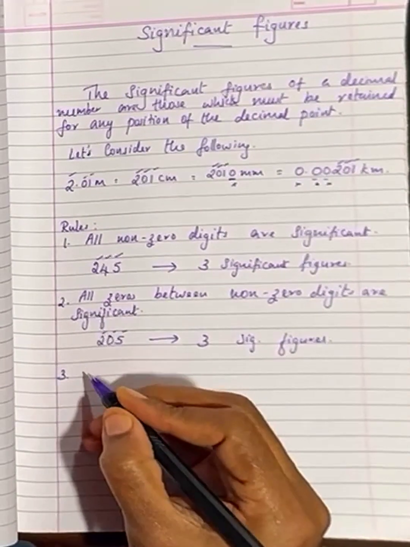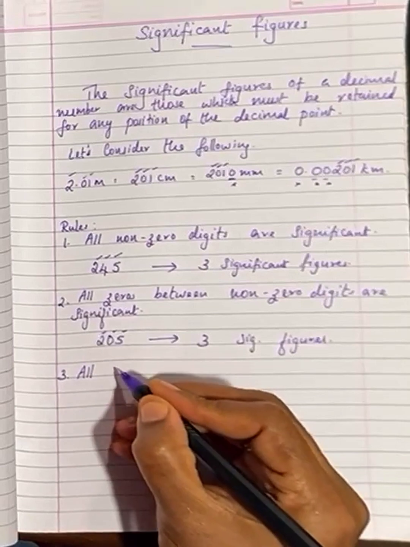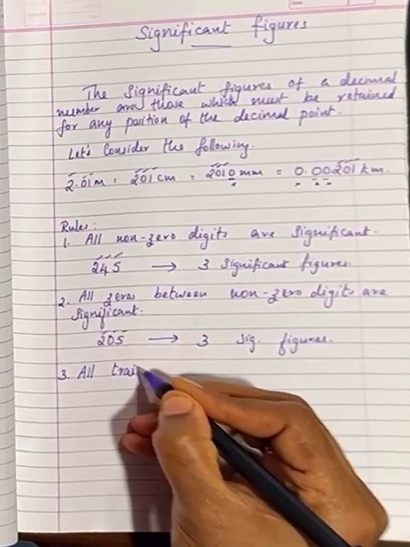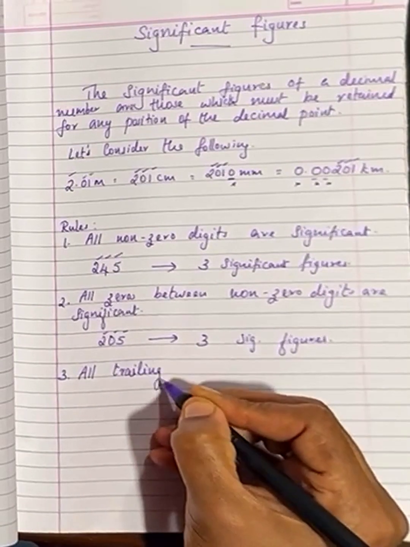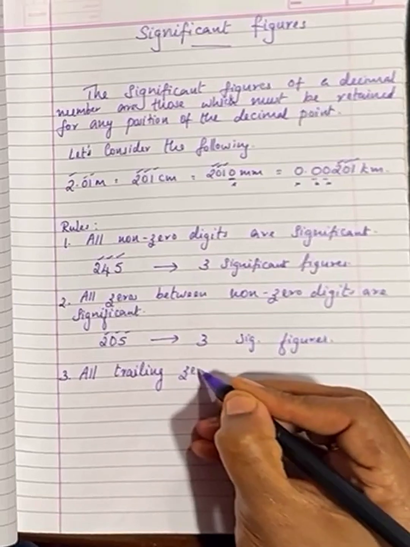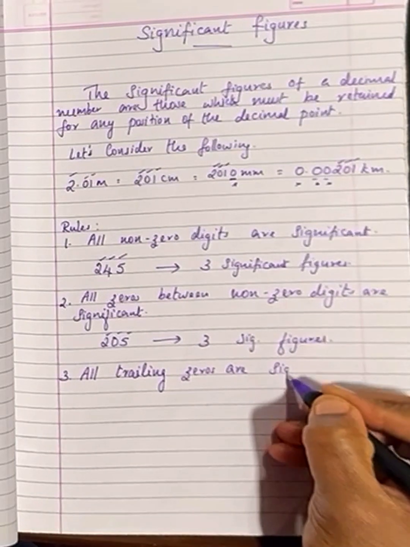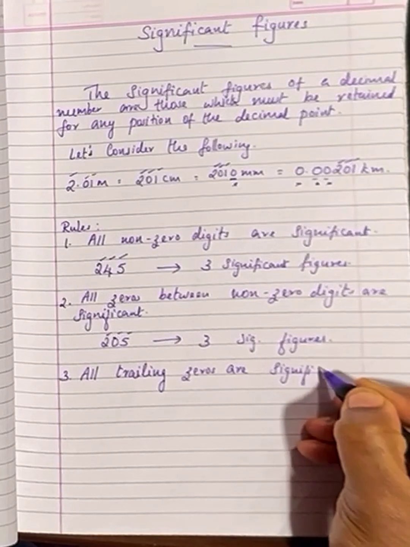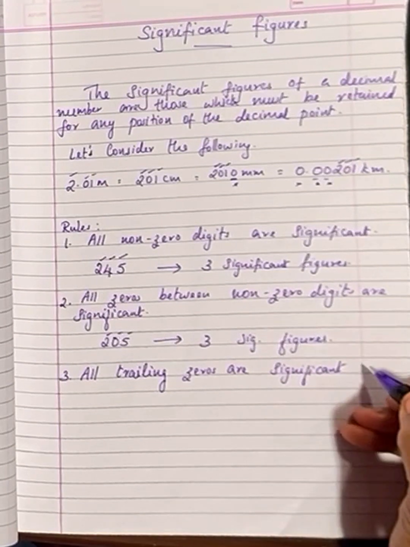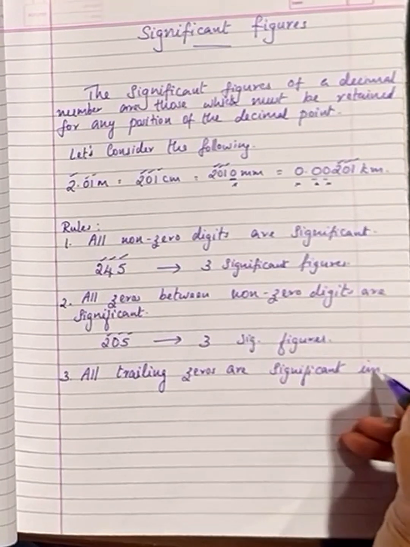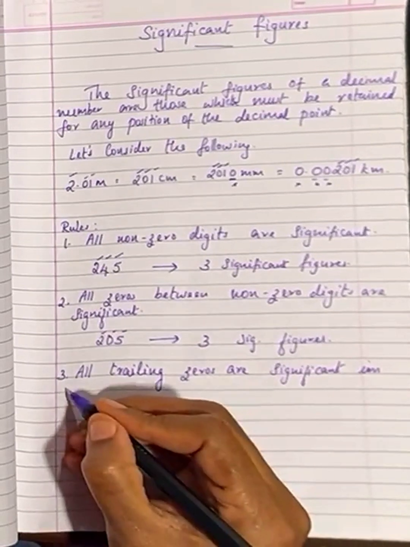The third rule is that all trailing zeros are significant in a number having a decimal point, which means in whichever number you are considering that has a decimal point.